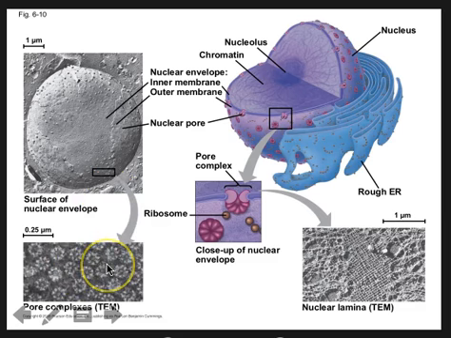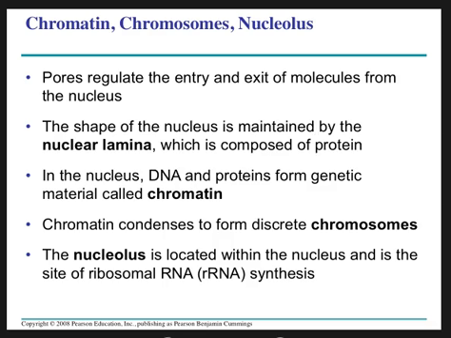These are pore complexes, so this is the transmission micrograph, and this is the nuclear lamina, which is a transmission electron micrograph. Remember the difference between those, scanning and transmission, that is. So some key terms we need to talk about when we talk about the nucleus. I just mentioned the pores that are going to allow entry and exit into and out of that cell.